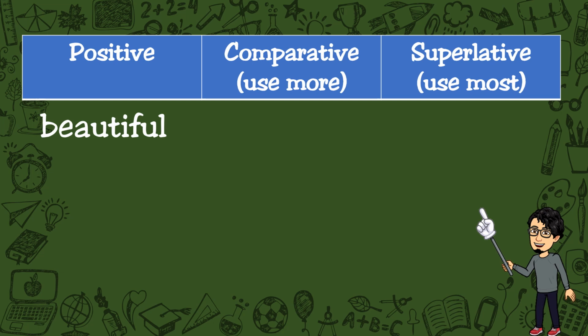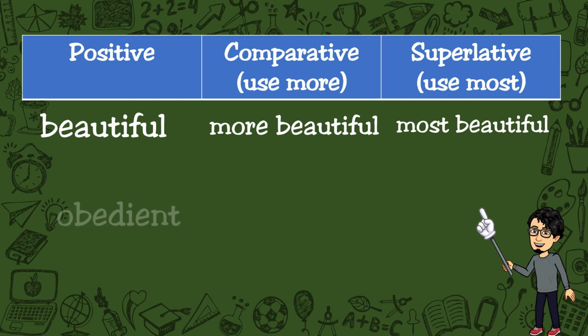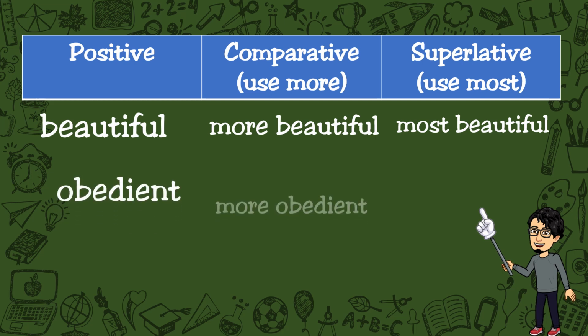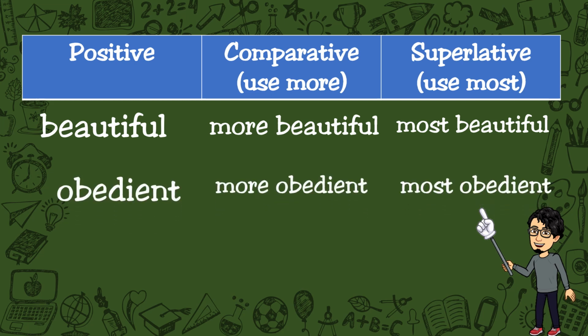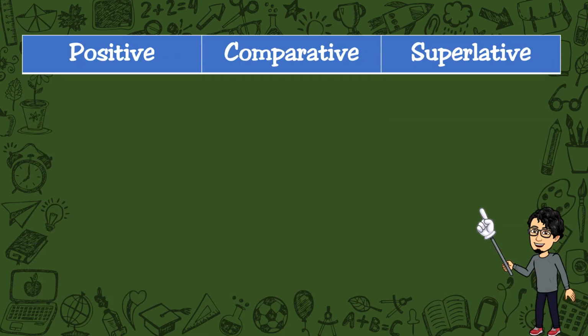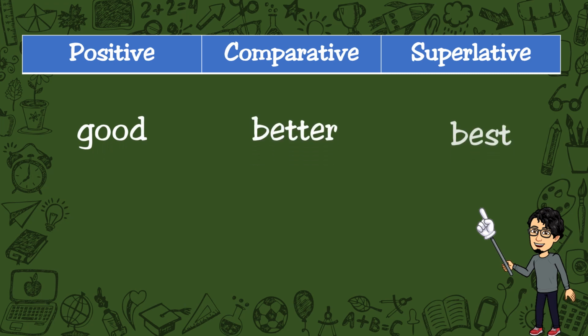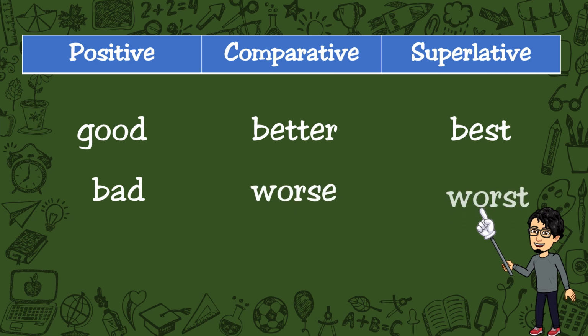Let us use the word more. More beautiful, most beautiful. Obedient, more obedient, most obedient. Some adjectives change their spelling to form their comparative and superlative form. For example, good, better, best, bad, worse, worst.